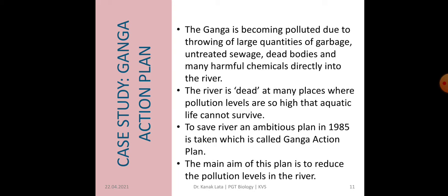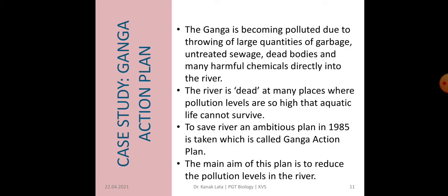We have reached this stage because the towns and cities through which the river flows throw large amounts of garbage, untreated sewage, dead bodies and many harmful chemicals directly into the river. In fact, the river is dead at many places where the pollution levels are so high that no aquatic life can survive.